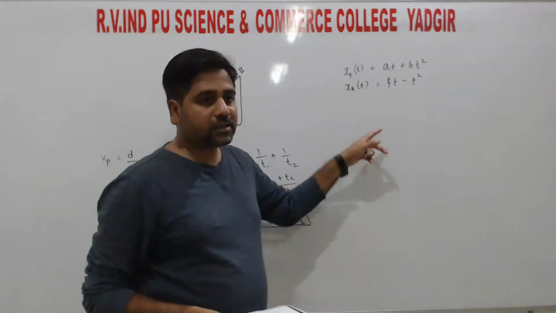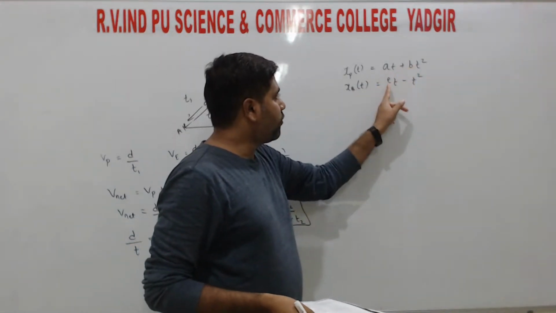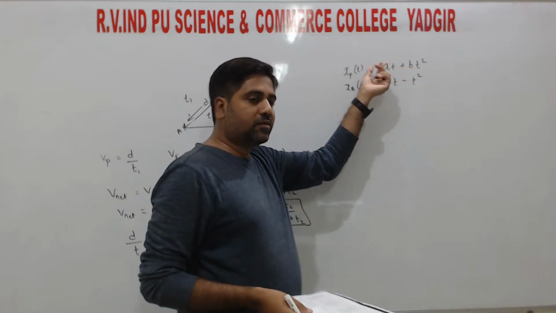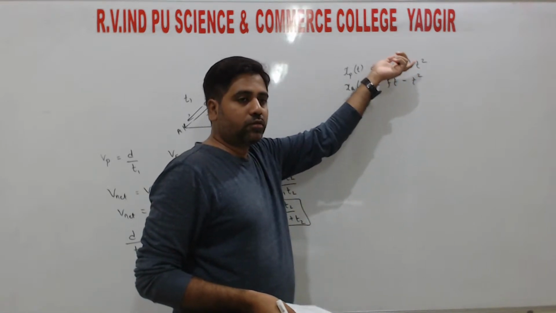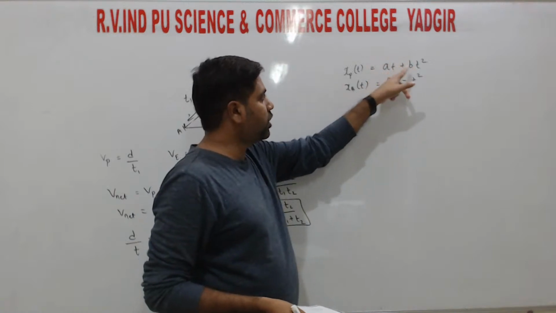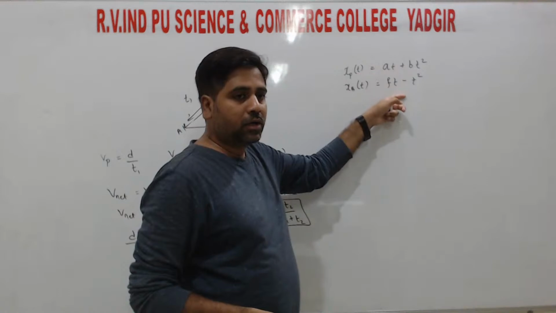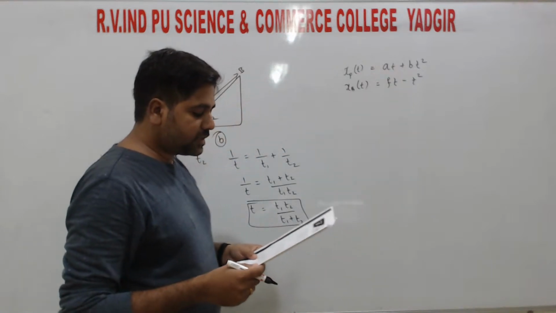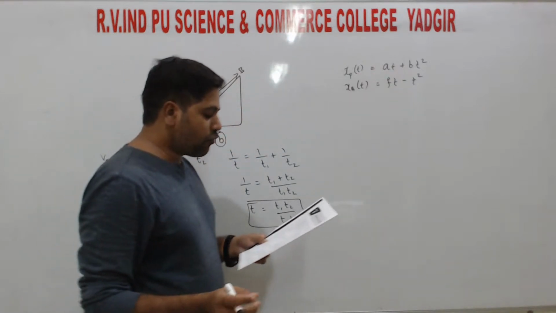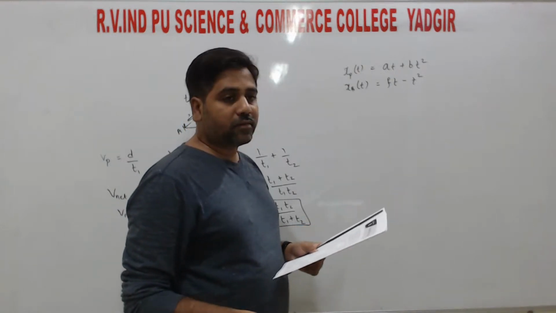So in this case, a, b and f are all constants. So that means their value can vary from 1 to some 100 or infinity. So these we call constants, right? So they have given displacement in terms of time, right? So next, they are asking at what time do the cars have the same velocity?